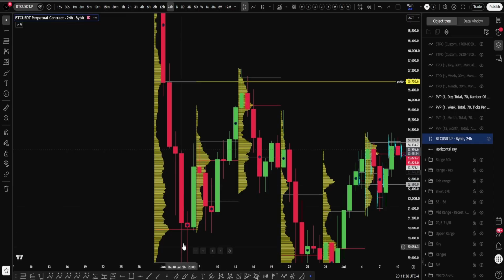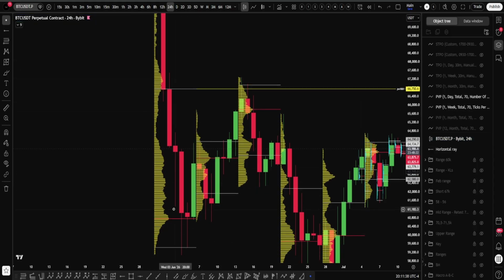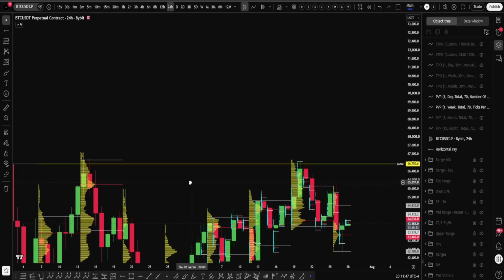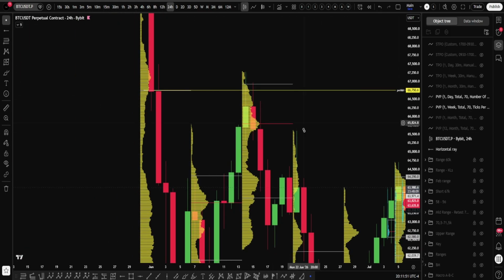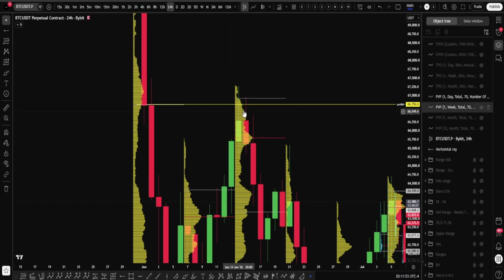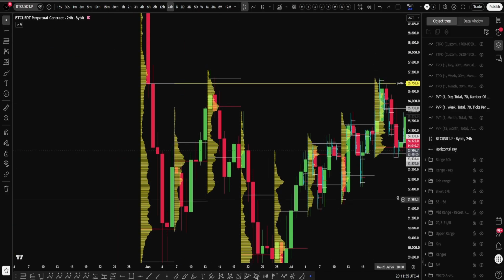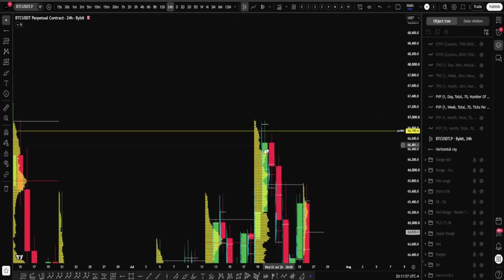See how we placed this one, and a whole week was made, and even though we didn't touch it, I'm not going to remove it. I'm going to keep it there until later on it finally touches it, and you can see exactly what happens. Eventually it touches it and it rejects, right? Even later on, you see that same resistance.